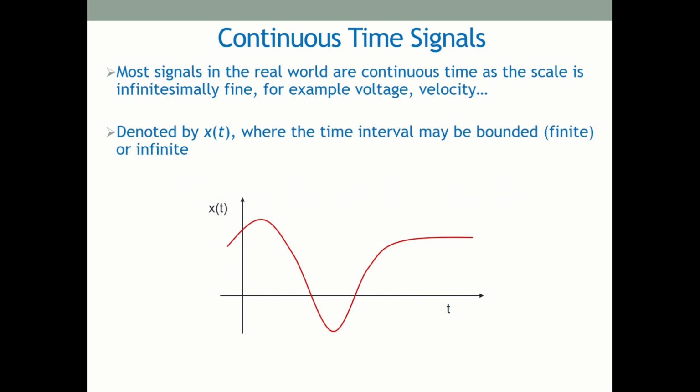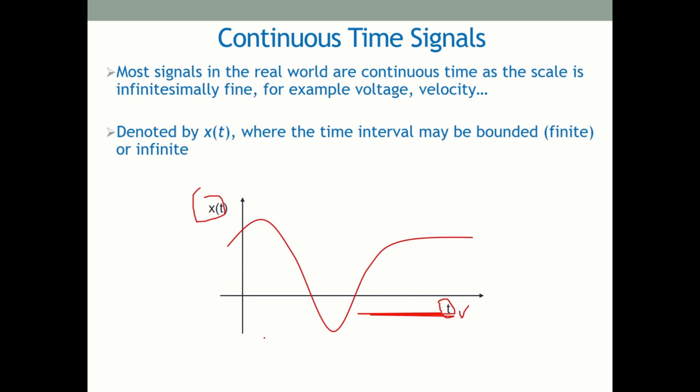Then we discuss the classification of signals here. So we have continuous time signals. The classification here is basically based upon two axes: the time axis and the y-axis, the amplitude axis. Continuous time signals are determined by the time axis.